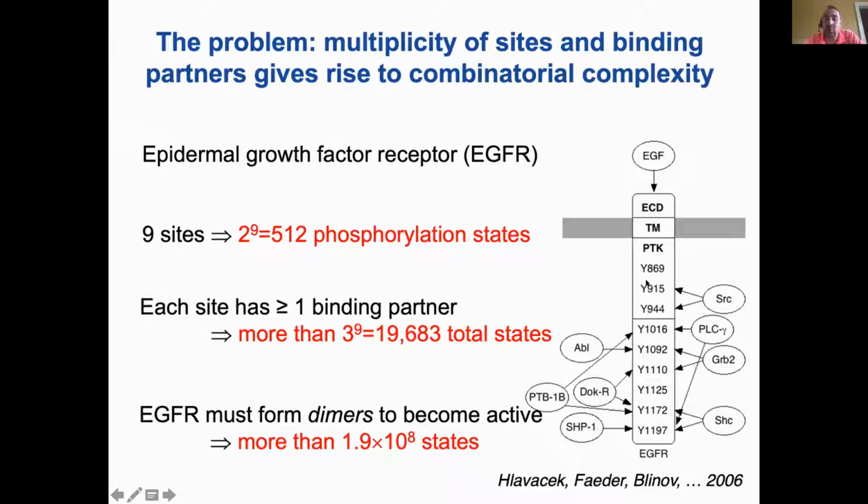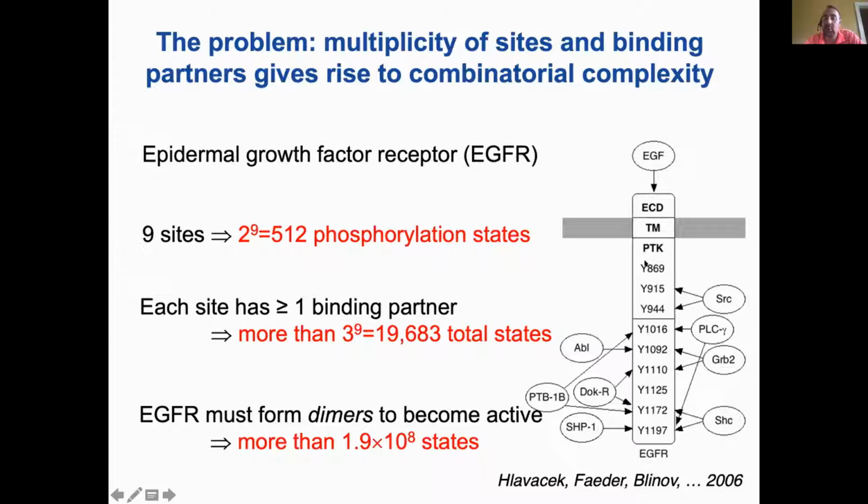If you would like to consider all the different individual phosphosites that can be bound or unbound, and also if you have, say, Western blot experiments that provide individual phosphorylation time courses for each of these phosphosites, so you would like to put it into a model, and you put each of these 9 sites into a model, and guess what will be the number of different modifications for the receptor you have to consider.